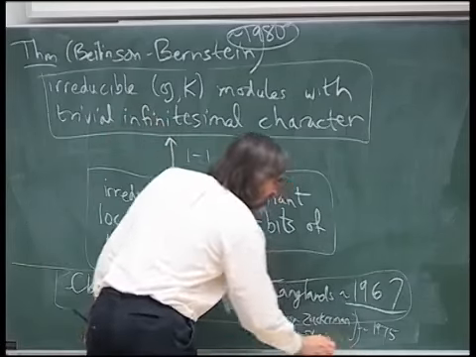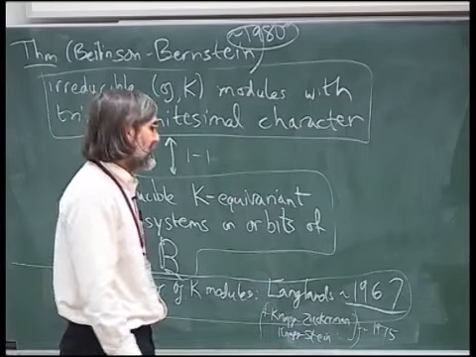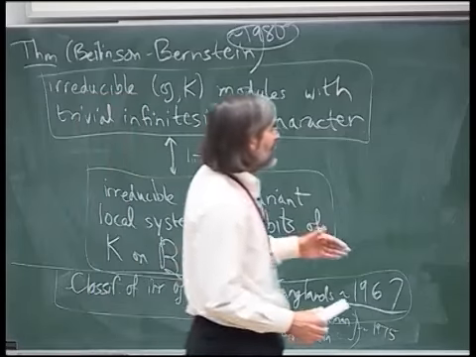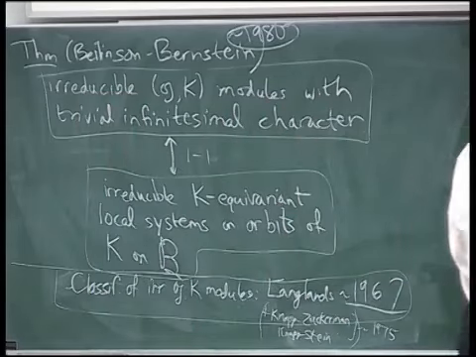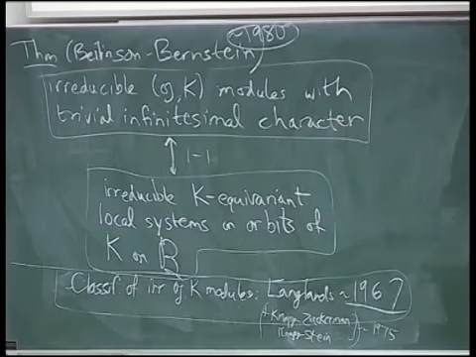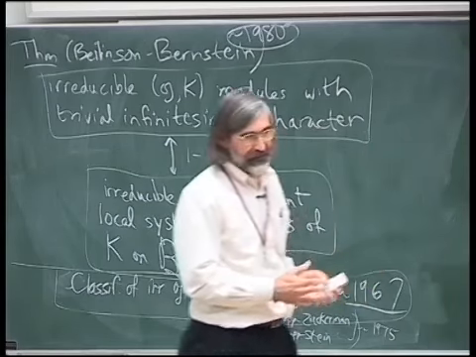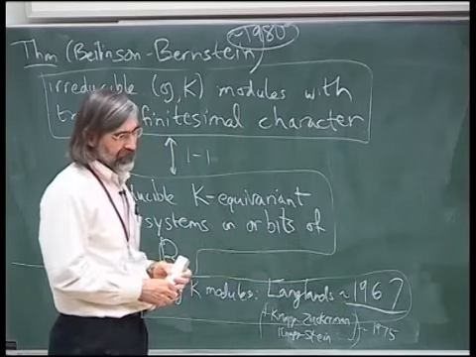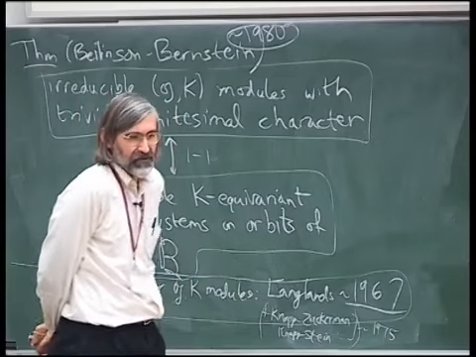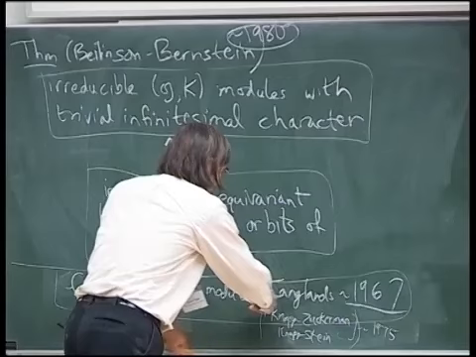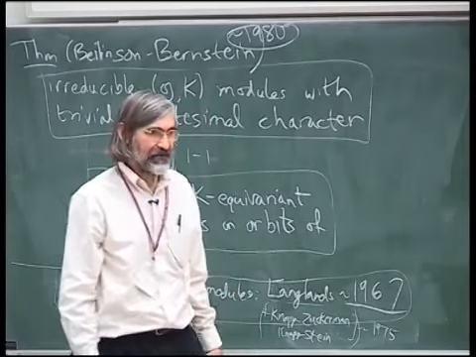There are a lot of little details which don't occur in the setting I'm talking about, trivial infinitesimal character, where none of those complications arises, and it really was clear from Langlands' results.